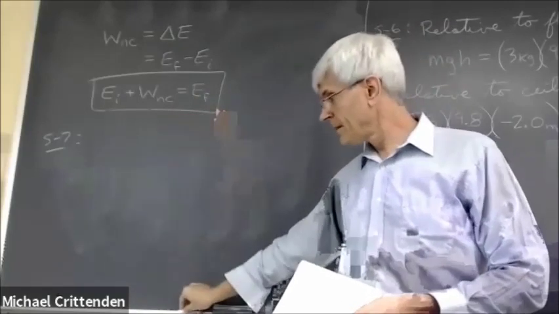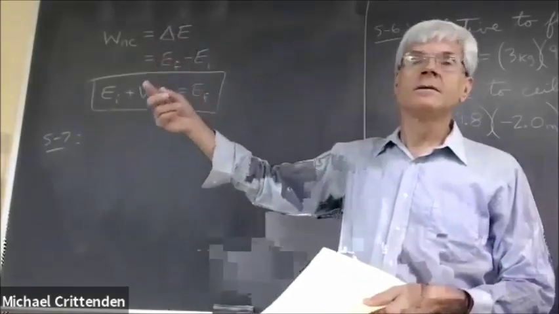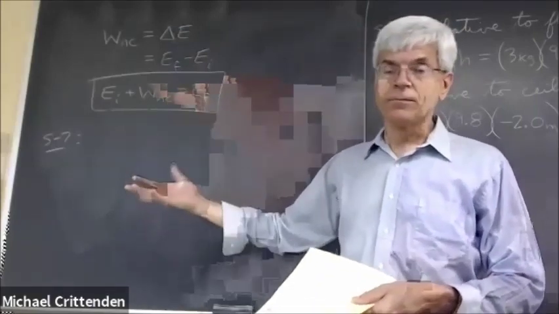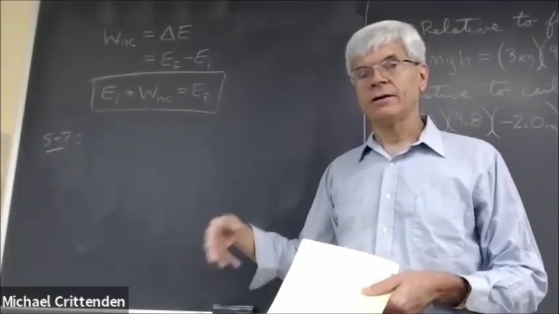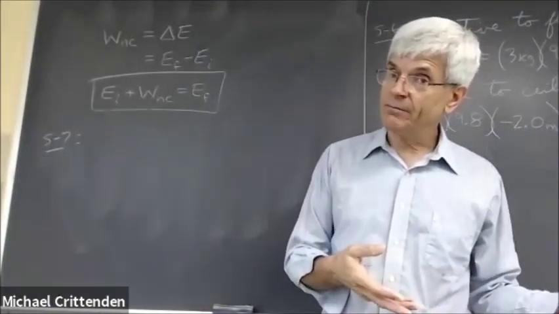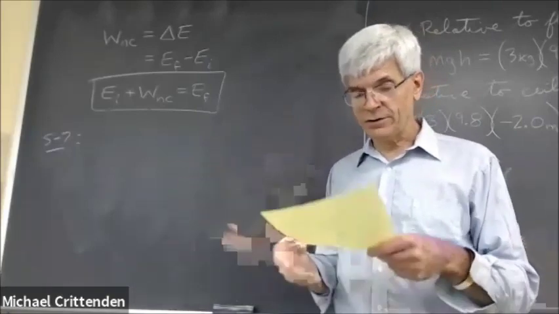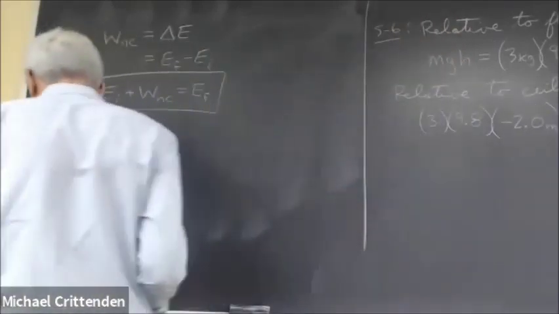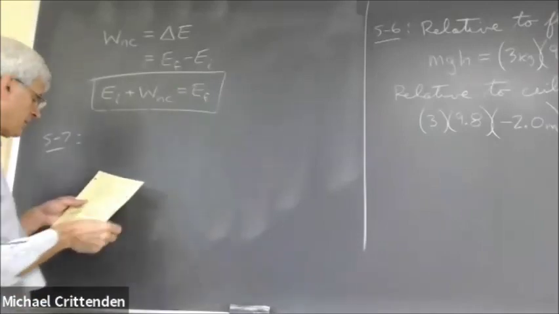So therefore, anything you can do with this, you could do in principle by using those things that I derived this from directly. In practice, it's nice to have alternatives, because sometimes one alternative is nice, sometimes the other alternative is better, okay? In this case, it doesn't make that much difference which alternative you use. I'm going to do it using energy methods because that's the part of the course we're in right now.